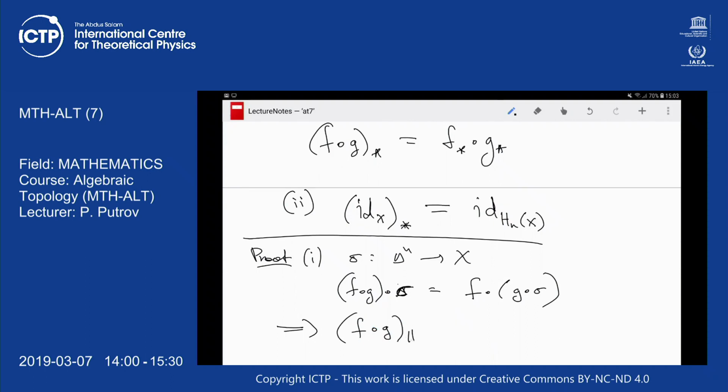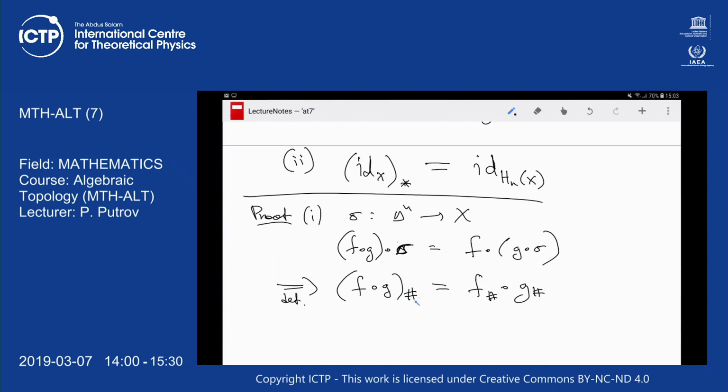the f sharp, the sharp of the composition of f and g is the same as f sharp composed with g sharp, by this definition of the induced map.